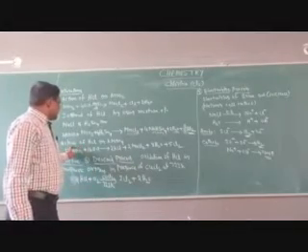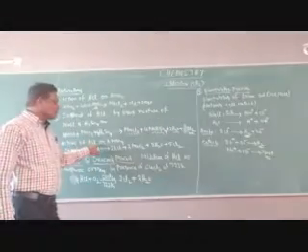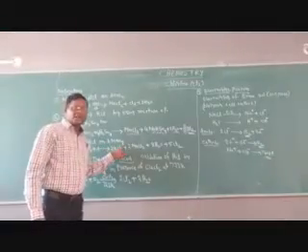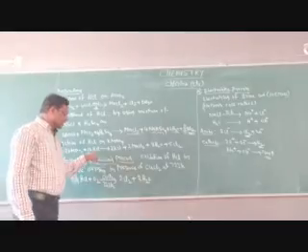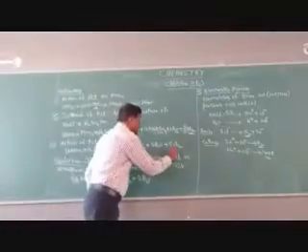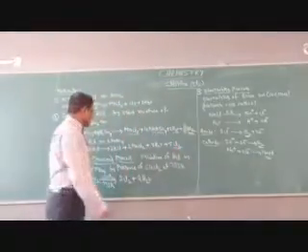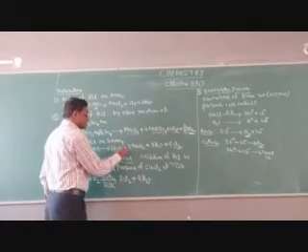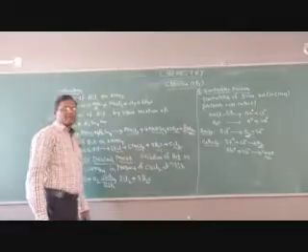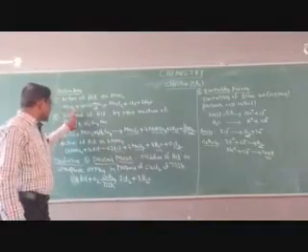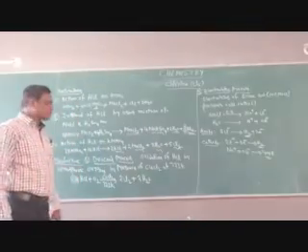Next, the action of hydrochloric acid on potassium permanganate also. Potassium permanganate reacts with hydrochloric acid, again liberating chlorine gas, along with the byproducts potassium chloride, manganese chloride, and water. So these are the laboratory methods, children.